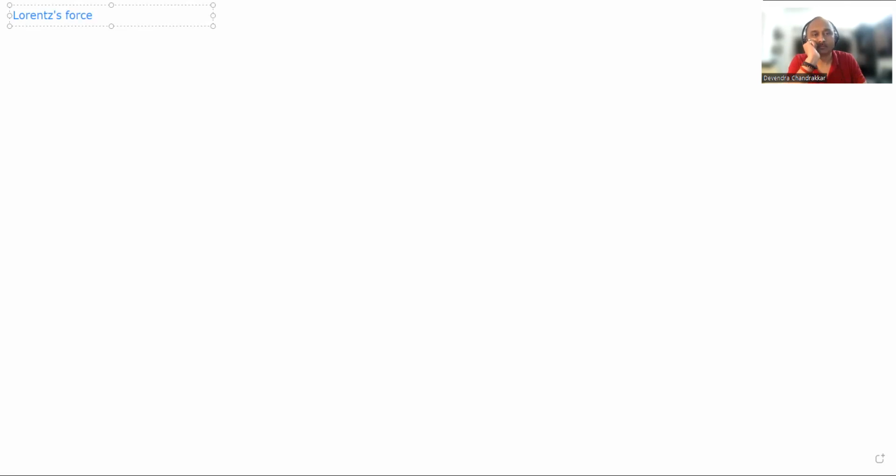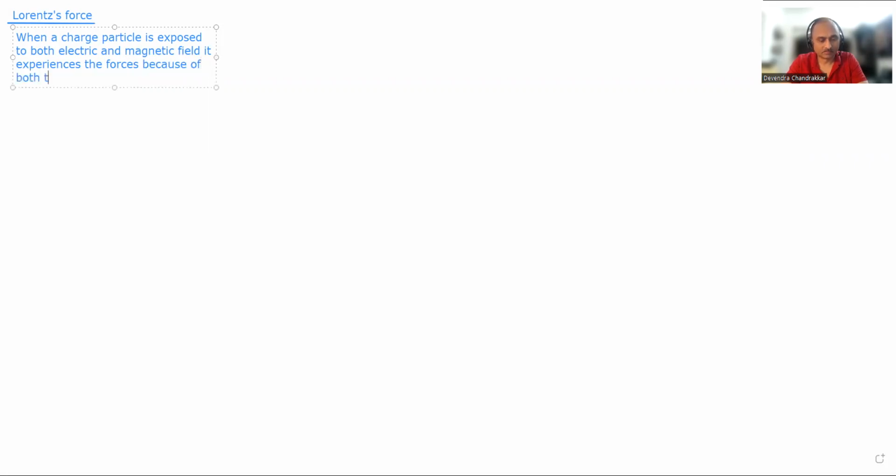Now, what is Lorentz's force? This is when both electric and magnetic field, when a charged particle is exposed to both electric and magnetic field, it experiences forces because of both the fields.